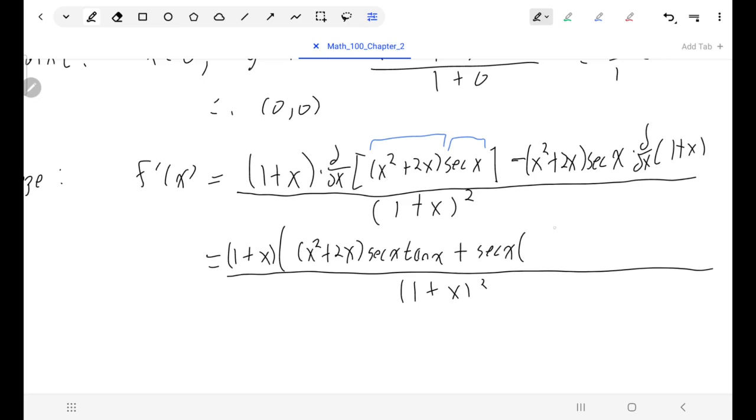The derivative of x squared is 2x, and the derivative of 2x is 2. There we go. So all of that in those big brackets, that's all the derivative of the x squared plus 2x times secant. And then now I still have that second part of my numerator, the minus x squared plus 2x times secant times 1.